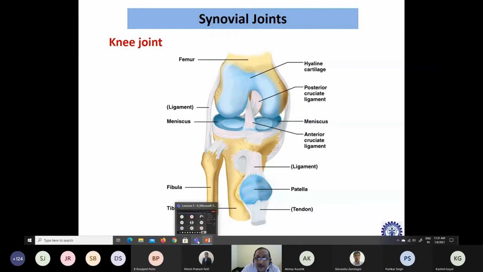The next question was what is the difference between cartilage and bone? When we classify tissue, we have two broad classifications: hard tissue and soft tissue. Bone is categorized under hard tissue.